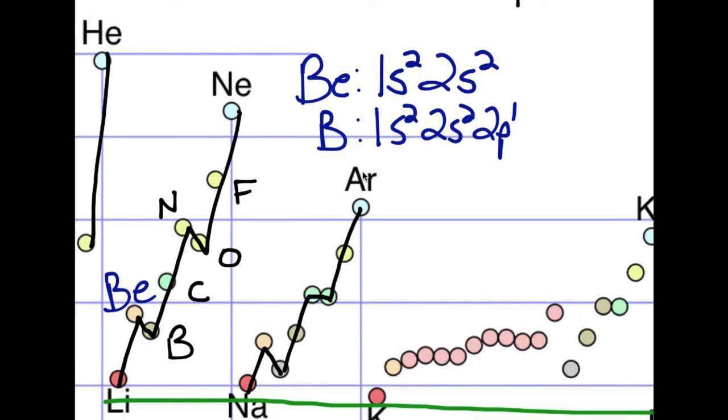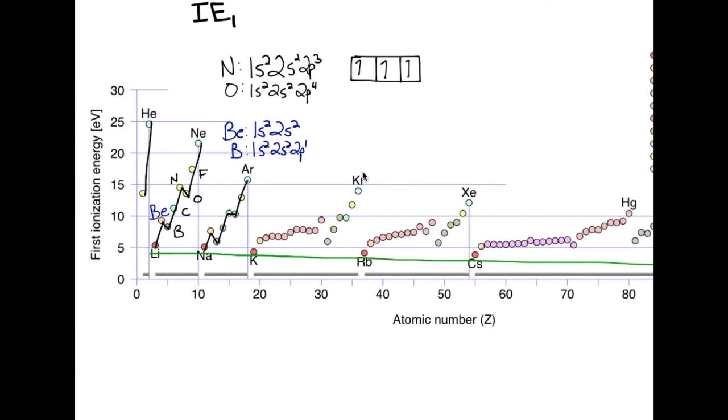And so this added stability, this added happiness to these electrons, causes beryllium to be more difficult to remove an electron from than you might otherwise expect. And it's more difficult because it's got these fully filled orbitals. And now, if you don't believe that, let's zoom out to now think about the nitrogen-oxygen anomaly.